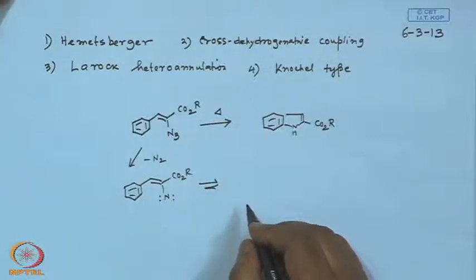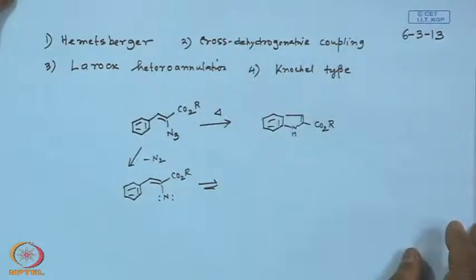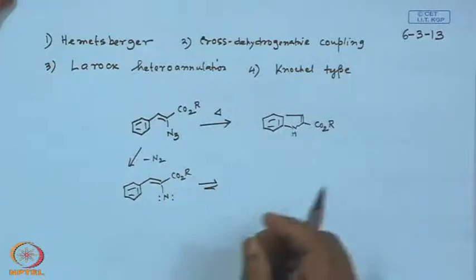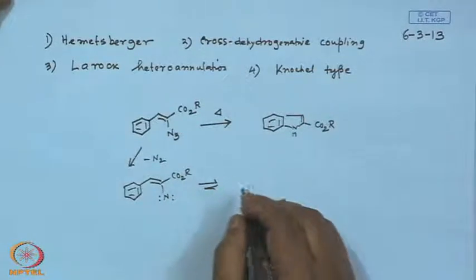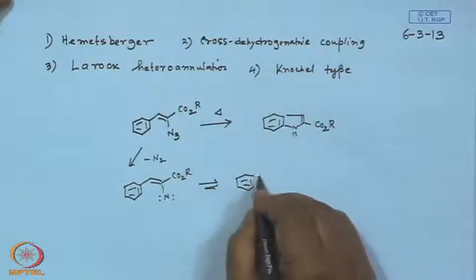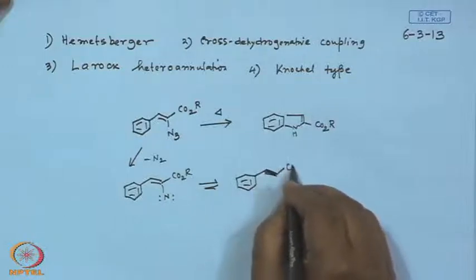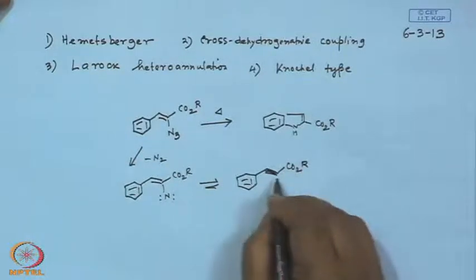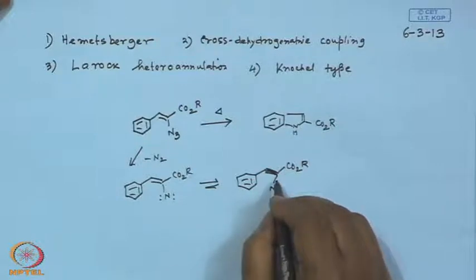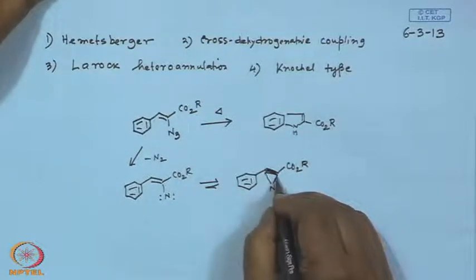Nitrene insertion, yes. But the very first thing one should talk about is isomerization, because isomerization requires only very little change in the skeleton. In fact, this is suggested and it has been verified, as you will see later, that it gives you a molecule of this kind, which is nothing but azirine.